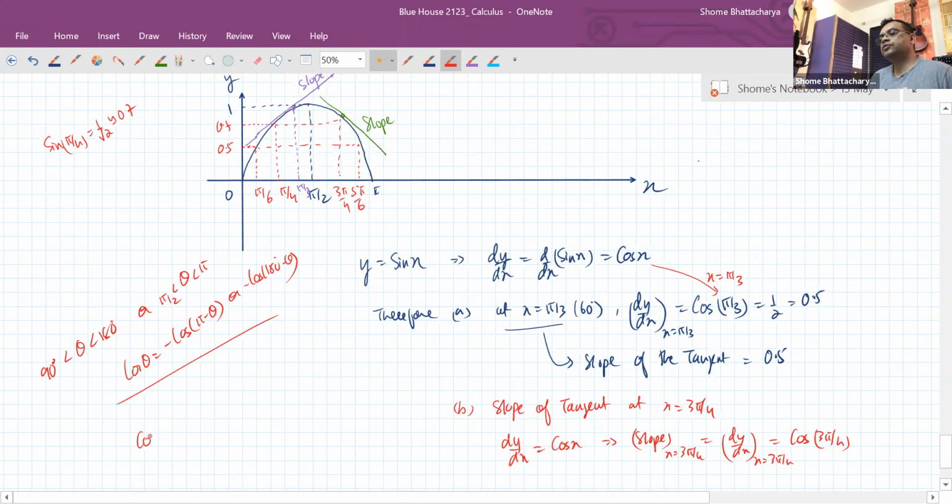So cos of 3 pi by 4 will be expressed as minus cos pi by 4, or cos of 135 degrees will be expressed as minus cos 45 degrees, which is minus 1 by root 2, or approximately minus 0.7. So this one will have a slope of negative 0.7. And you can see that in the graph, the slope is negative.